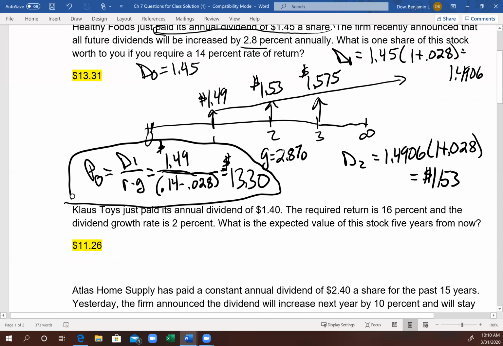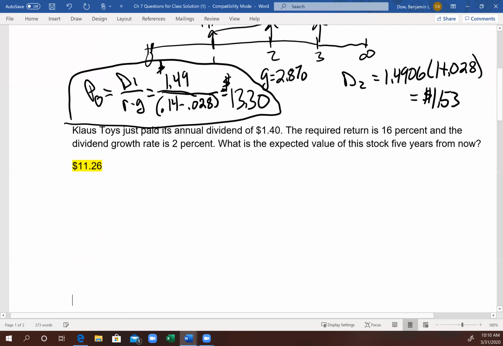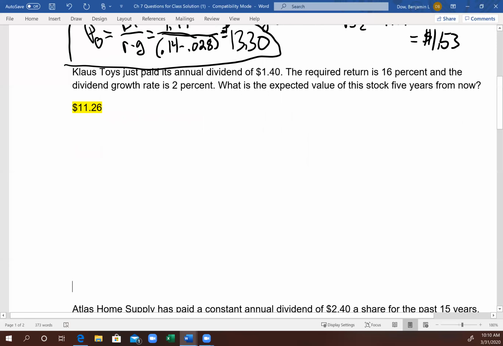So this is just a straightforward perpetuity. R, the required rate of return, is greater than G. We found D1. And you can see that you can find the price at any point in time, as long as growth is constant.